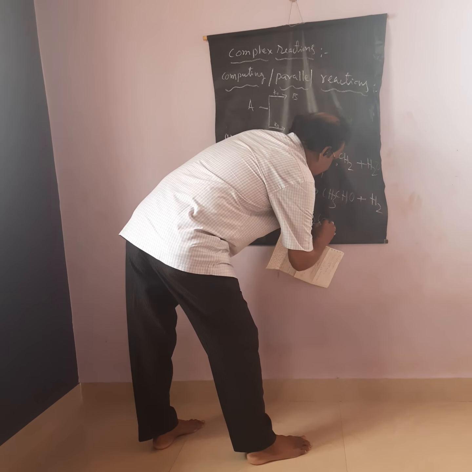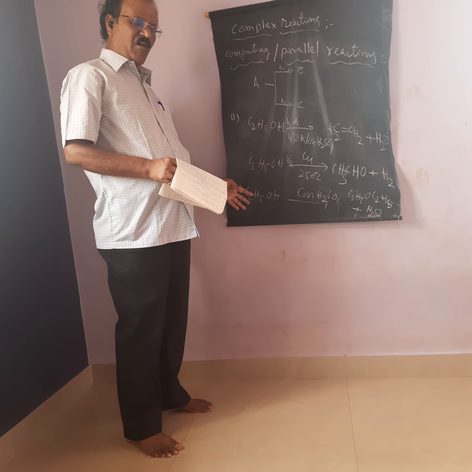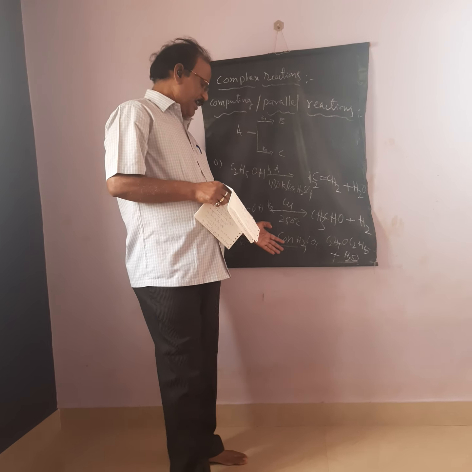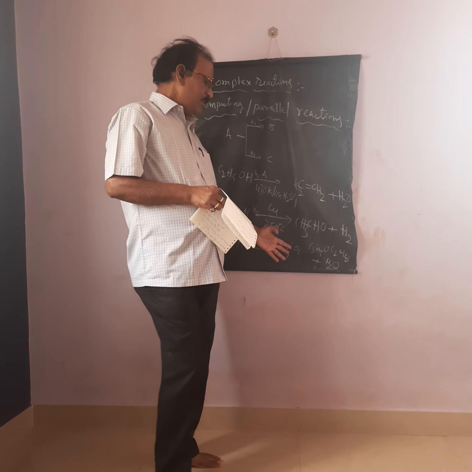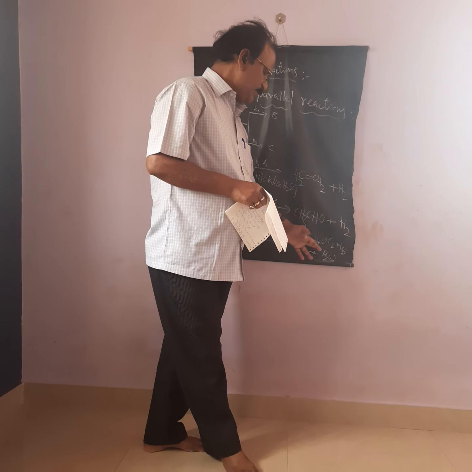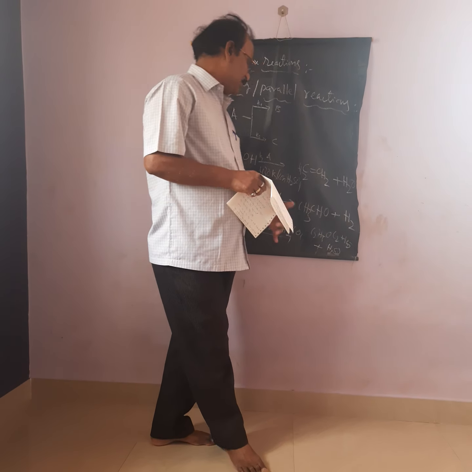The product is an ether, C2H5OC2H5, diethyl ether, or simply called ether, plus H2O. So when you take excess of ethyl alcohol treated with concentrated sulfuric acid, you get diethyl ether, C2H5OC2H5, plus H2O.